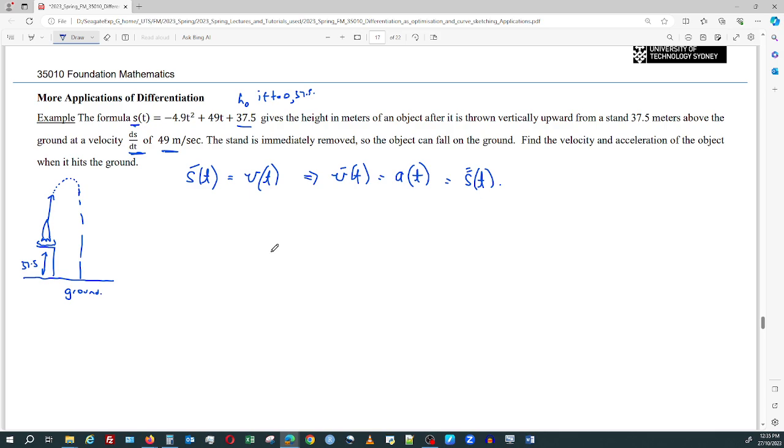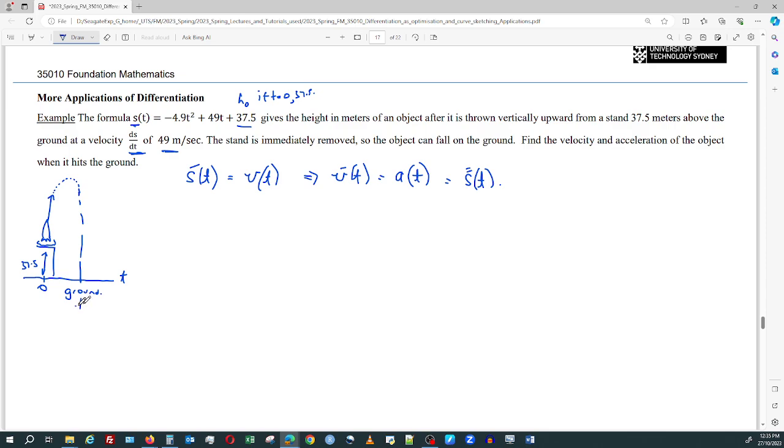The first thing we've got to do is find t, because there are two points. We've got t equals 0, and then whatever time it hits the ground.